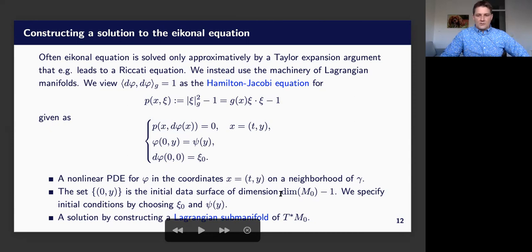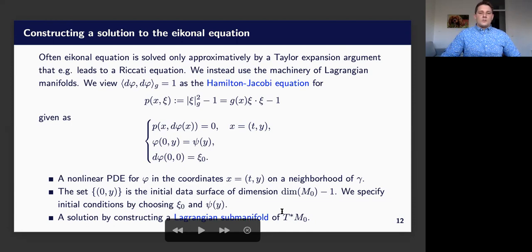Well, it has the dimension of the manifold minus 1. And we specify the initial conditions, which are these two guys here. We specify that the gradient of phi at the origin is a vector psi 0. And also we specify that phi on the initial surface is a given function psi.